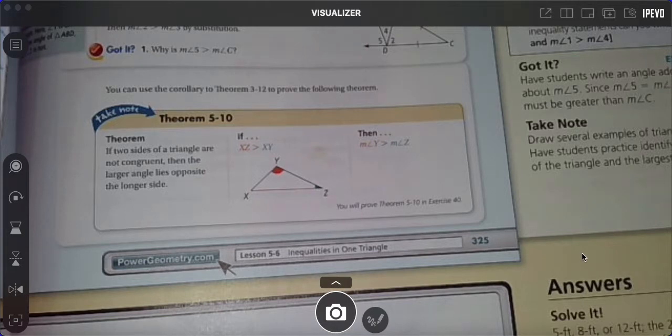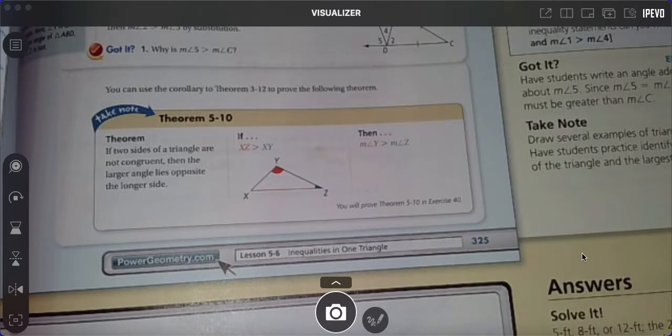I know those on the video can't really see what I'm doing, but your angle is associated with the side across from it. Does that make sense? Yes, no? So my angle goes with the side that's across from it. It opens up to the other side. I just think of a light shining on a wall. Here's my little flashlight. It's my angle, and however big the angle is is how much light shining on that wall.